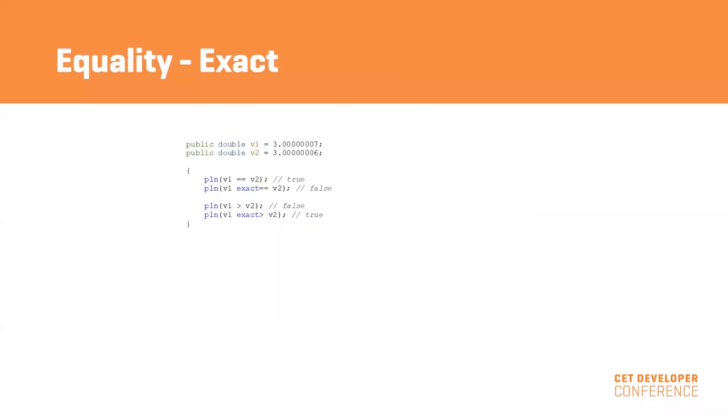Same with greater than and less than. Greater than, I think, is GT. But if you wanted something less precise, you could override that and give it a precision. So you could call the .eq function directly. I didn't put an example of that in here, but that's something to note.